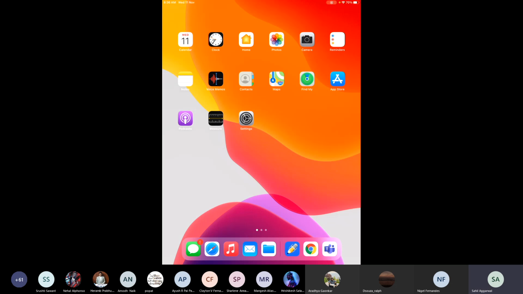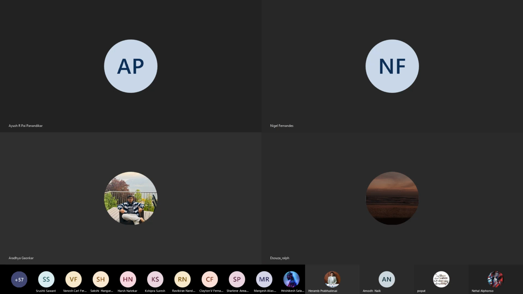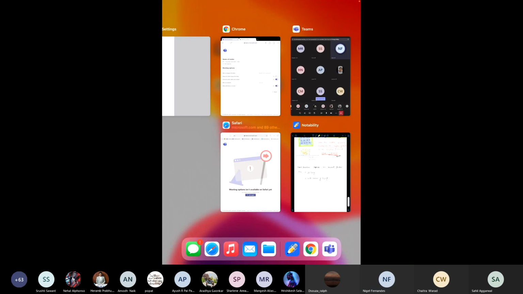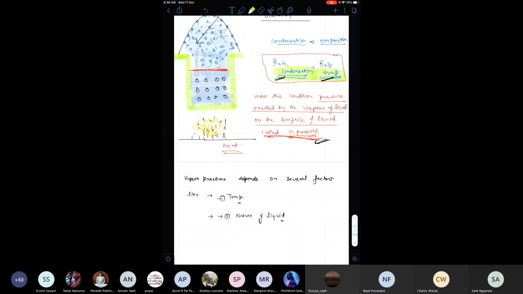Yes, sir. The screen has gone black. Now it's not visible. It's visible now, Rishikesh.